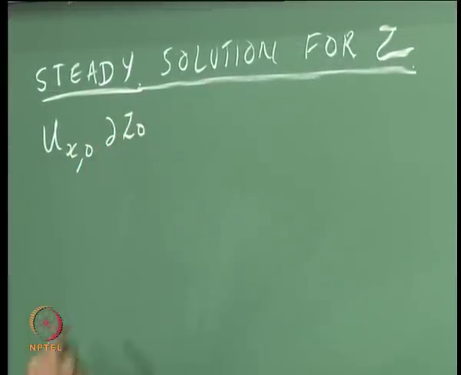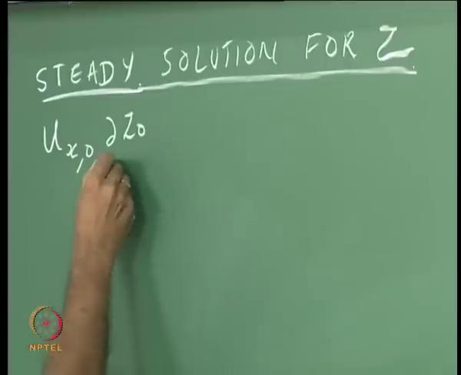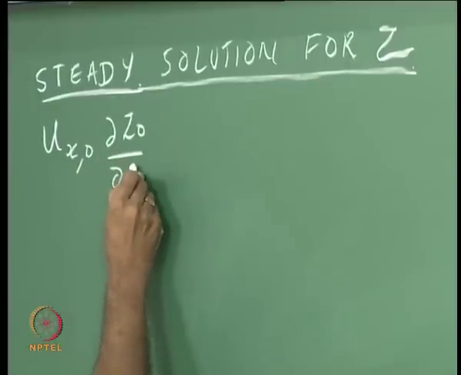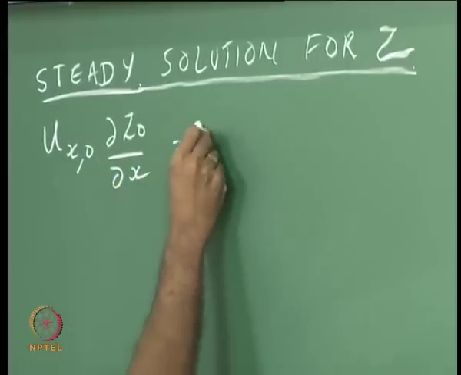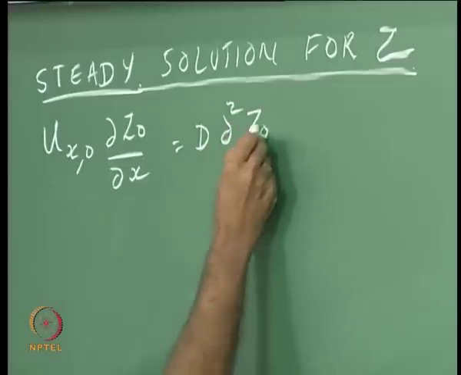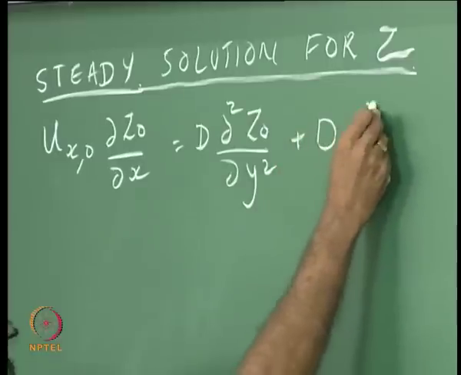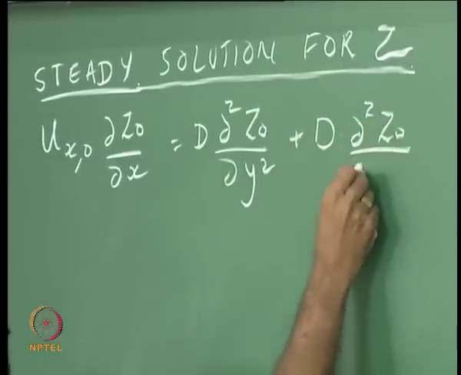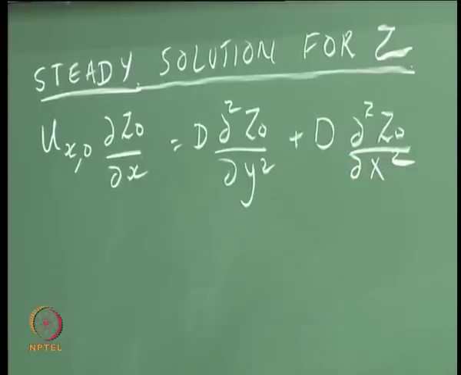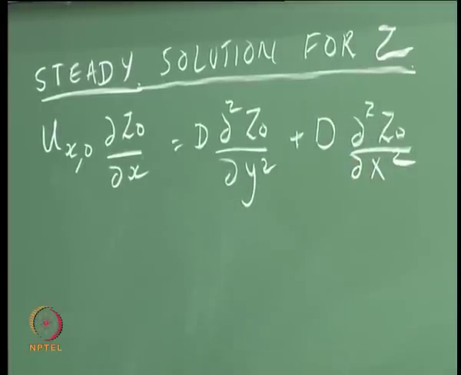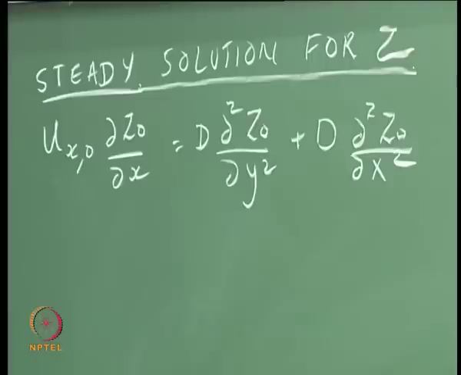Following the convection term, the subscript 0 means base flow or steady flow. Let us do some non-dimensionalization to keep things simple so that the solution will come out nicely.